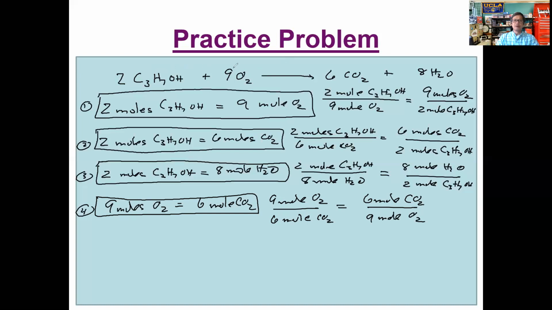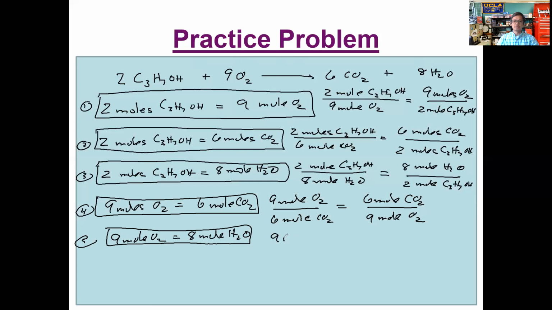All right, so we've determined the amount of carbon dioxide that forms from 9 moles of oxygen. What about water and oxygen? Let's write that down. So we have 9 moles of oxygen. We will produce exactly 8 moles of water. Okay, and based on that, we can write down 2 more mole ratios.